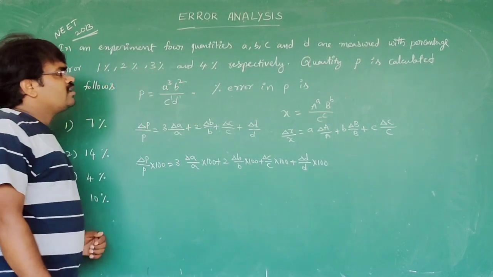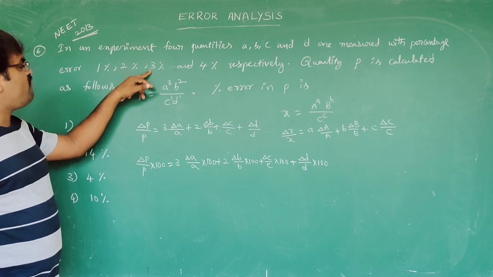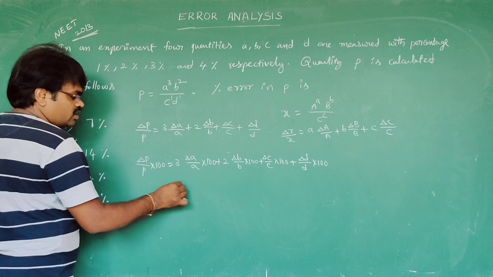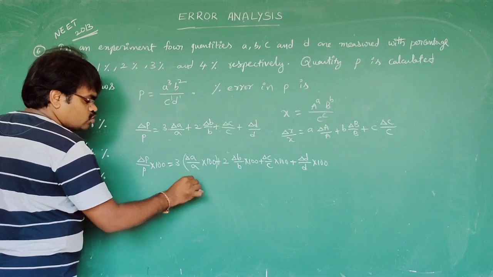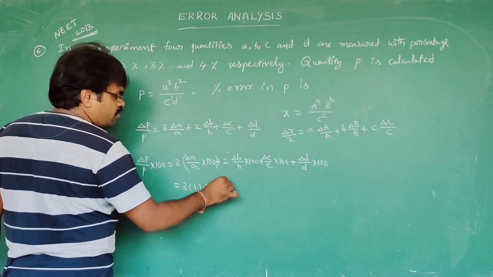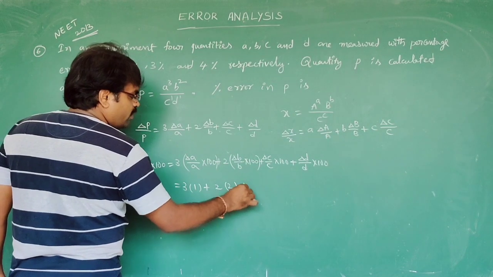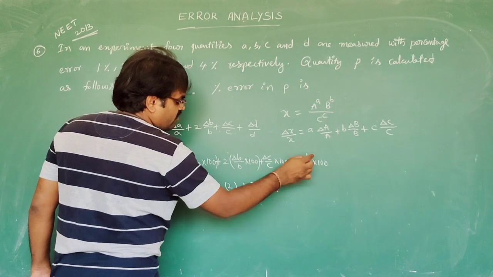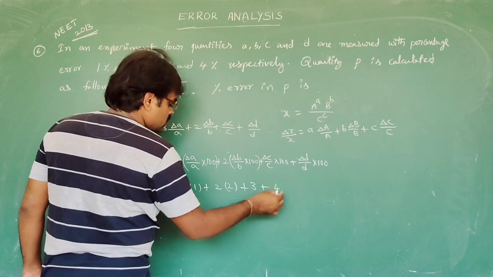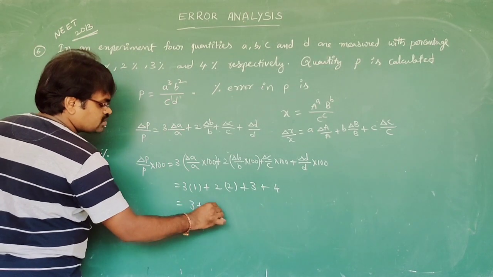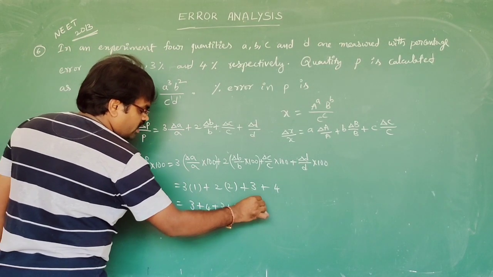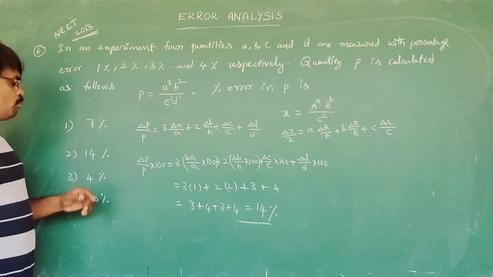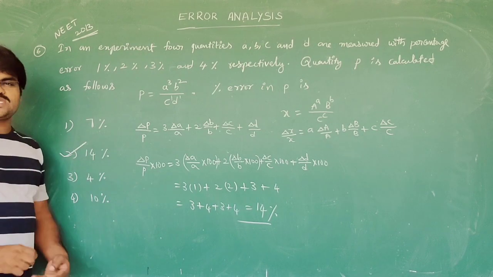Here they given the percentage error of measurement of A, B, C, D. The percentage error in A is 1, in B it is 2, in C they given 3, and in D it is 4. Now 3 plus 4 plus 3 plus 4, then we got 14%. That is, the percentage error in P is 14%.